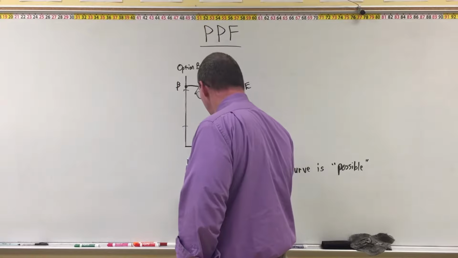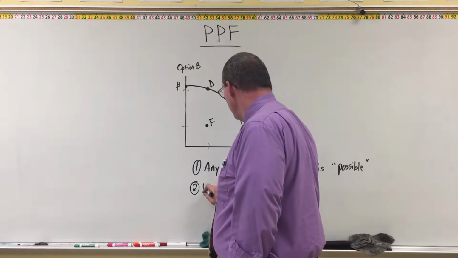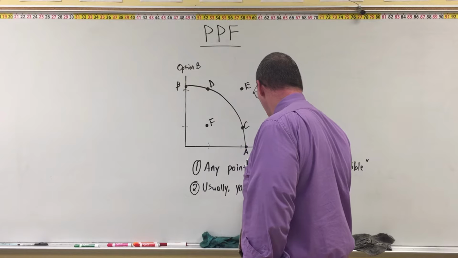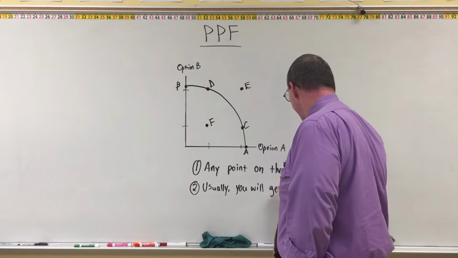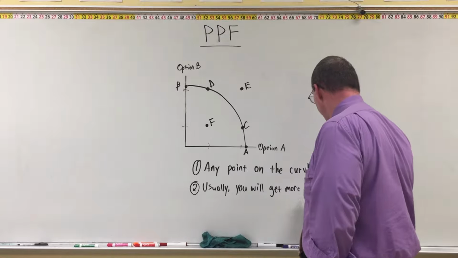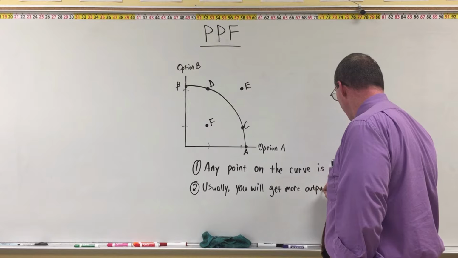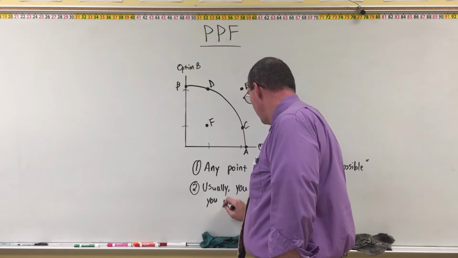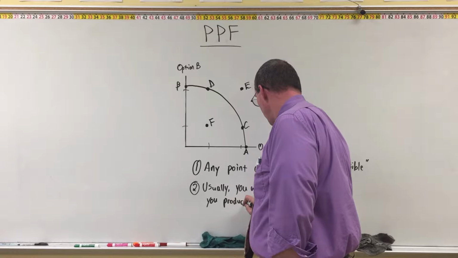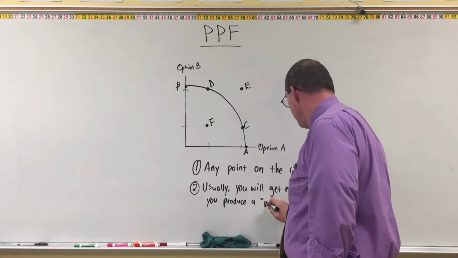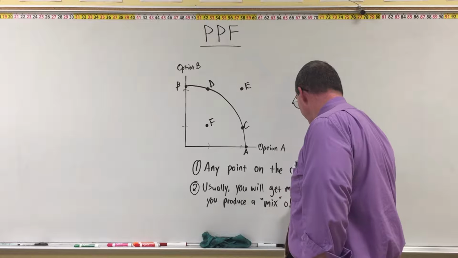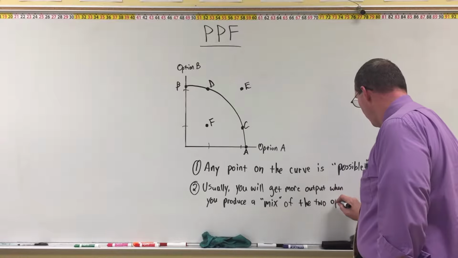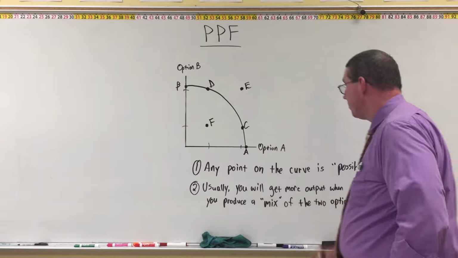So that's the second thing that I want you to understand, is usually you will get more output when you produce a mix of the 2 options. Okay, and here's what I mean.